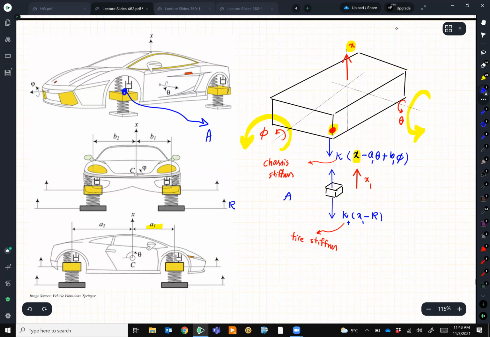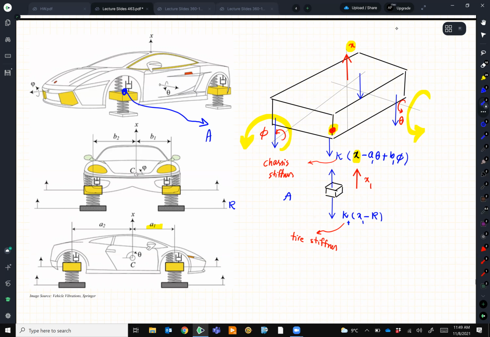So this is for one corner, right? And the same force, of course, goes for the tire. You need to repeat the same thing for other corners, and they are all different, because each corner has a different situation, all right?